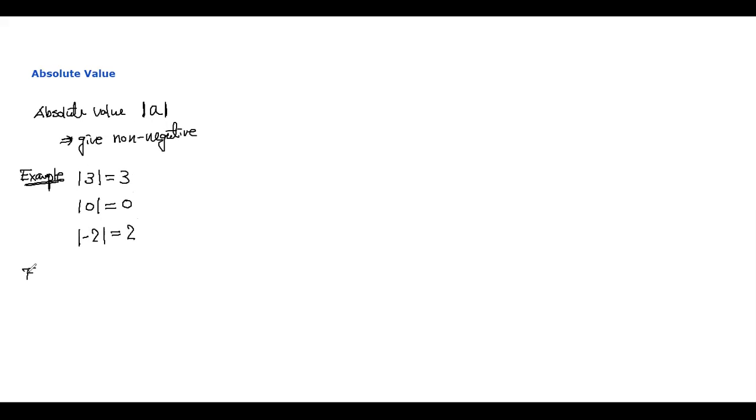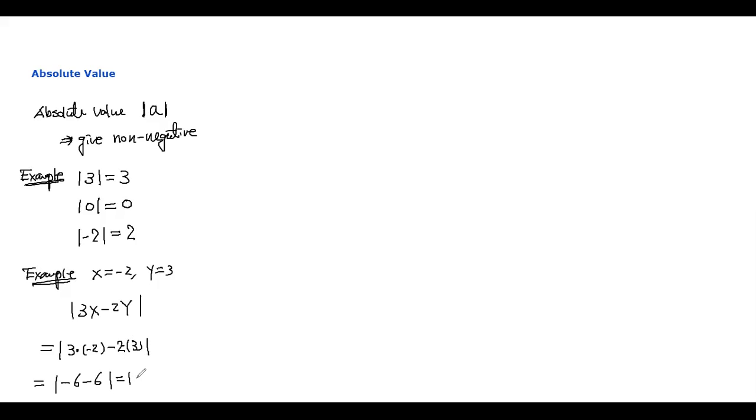Let's take a look at the next example. If x equals negative 2 and y equals 3, what is the value of the absolute value of 3x minus 2y? We say 3 times negative 2, minus 2 times 3. 3 times negative 2 is negative 6, and 2 times 3 is 6, so I have negative 6 minus 6, which is negative 12.